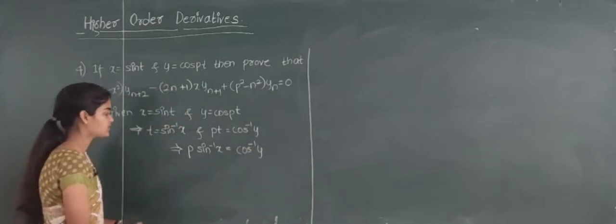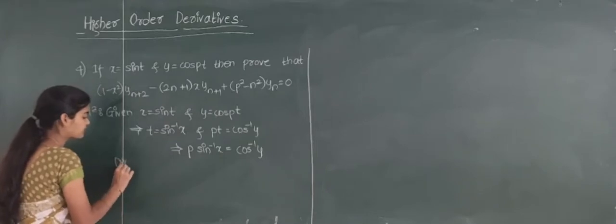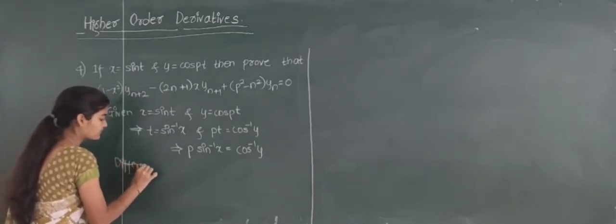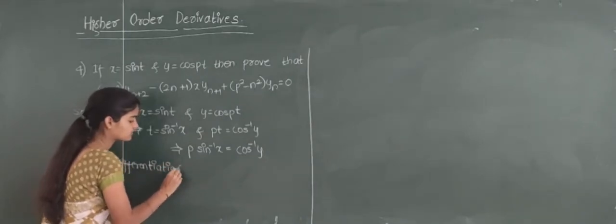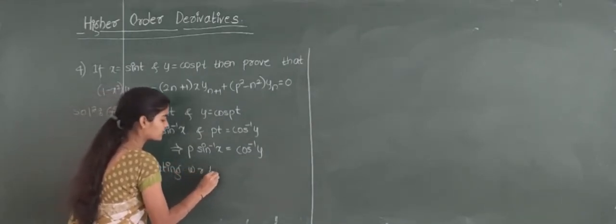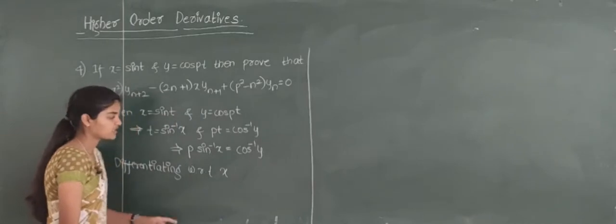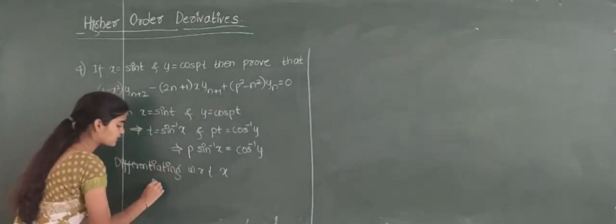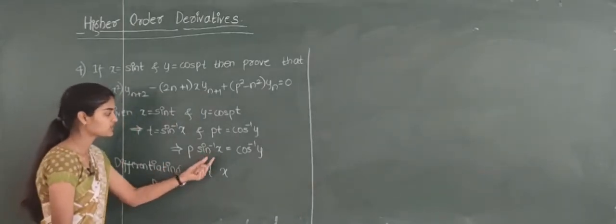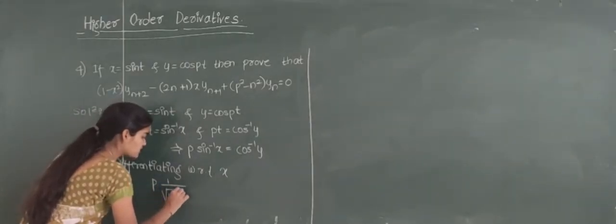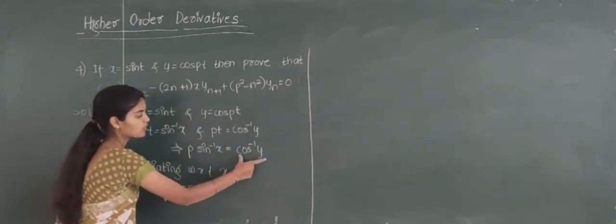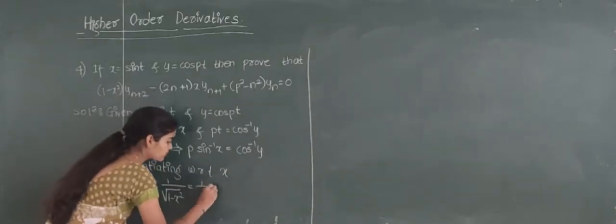Now I will differentiate with respect to x. P stays as it is. I have already told you it is a constant. Sin inverse x differentiation is 1 divided by square root of 1 minus x square, is equal to the differentiation of cos inverse y with respect to y.